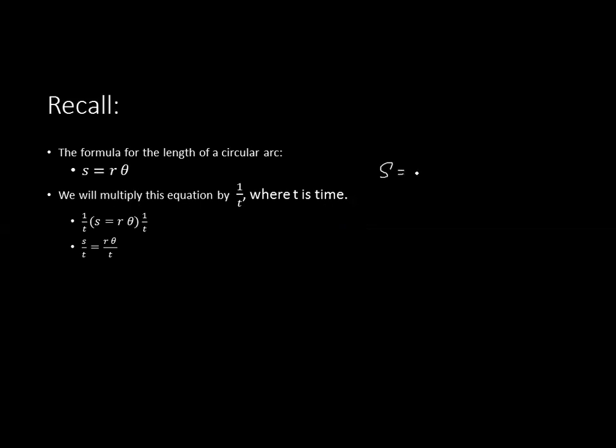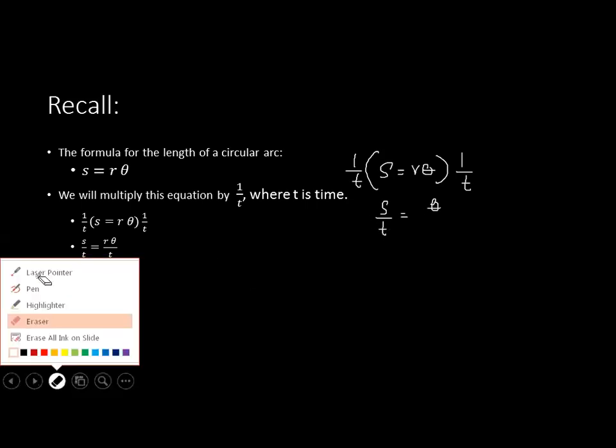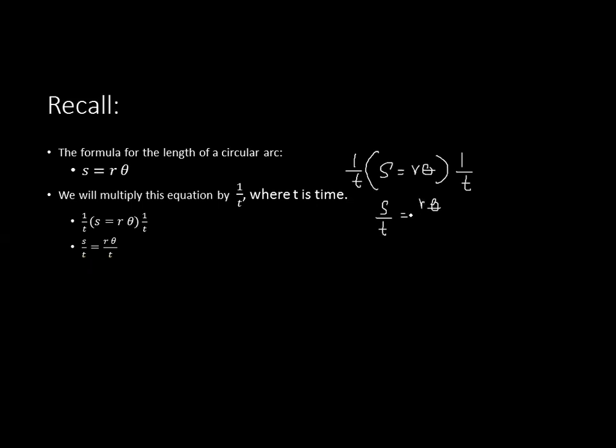Multiply both sides by 1 all over t or divide both sides by t. So we have s all over t is equal to r, let me just fix the r, r all over t.